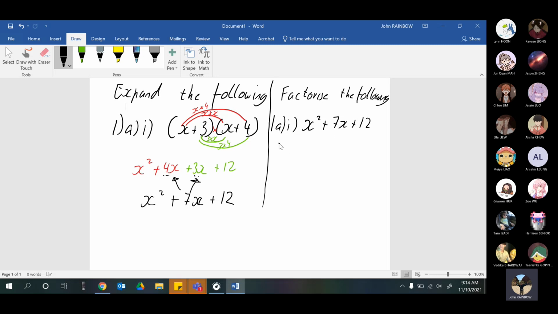So we're looking for the sum of 7, two numbers. So we want to find two numbers that sum to 7.